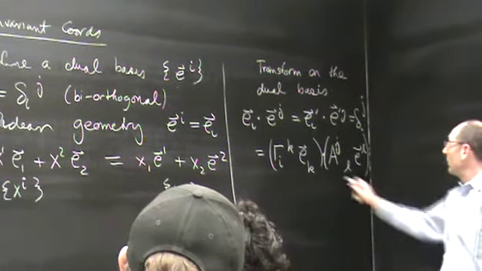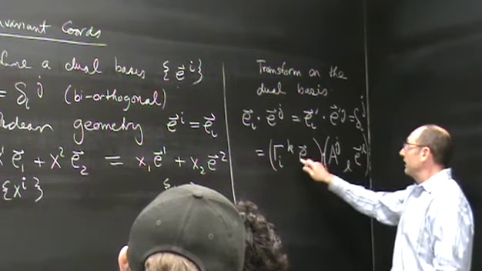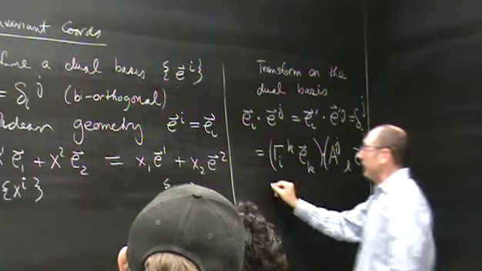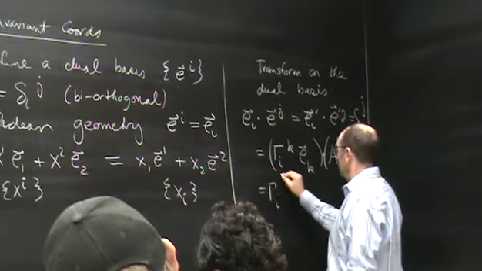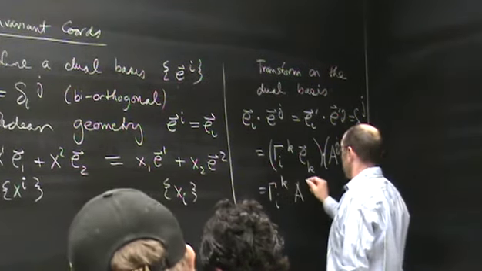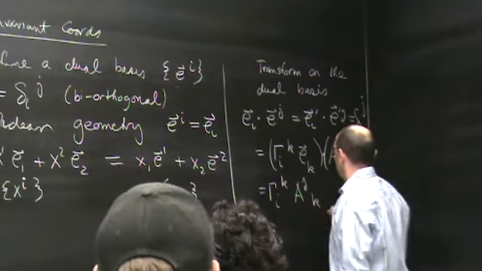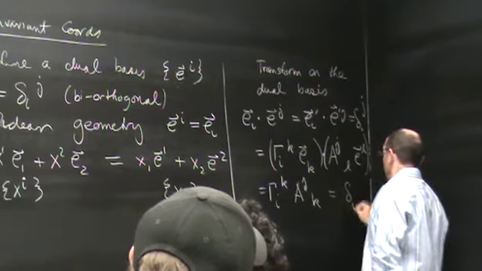All right, so dot this into that, I get a delta function KL, so I get A J K is equal to delta IJ.